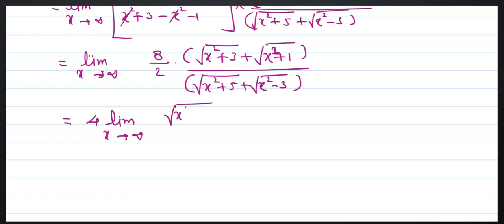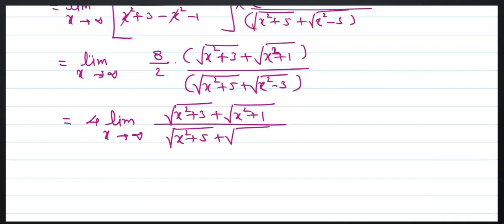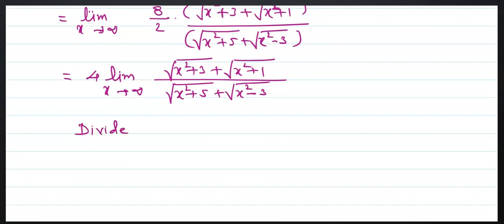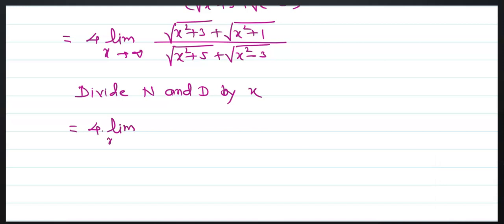That is 4 limit x tends to infinity root of x square plus 3 plus root of x square plus 1 upon root of x square plus 5 plus root of x square minus 3. Now divide numerator and the denominator by the highest power. In the denominator, the root of x square plus 5 means the highest power is x. Therefore divide numerator and denominator by x.